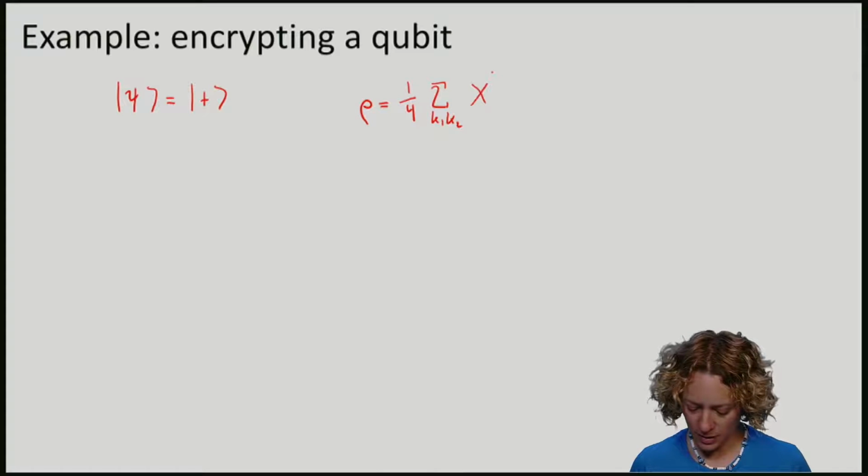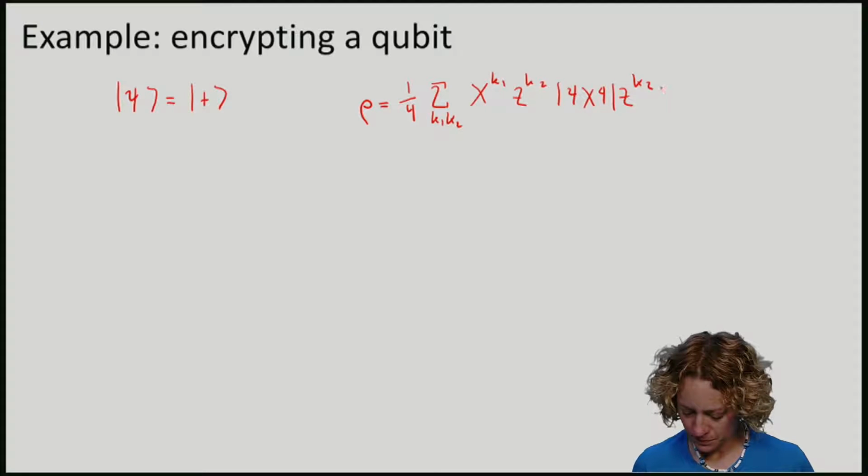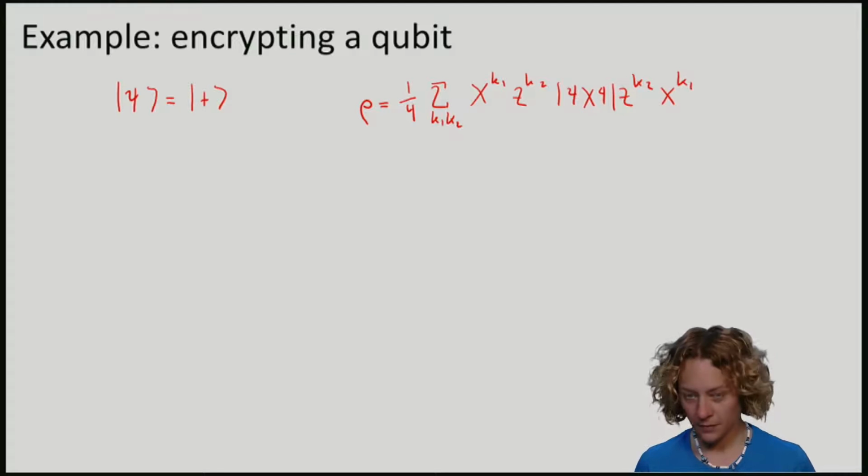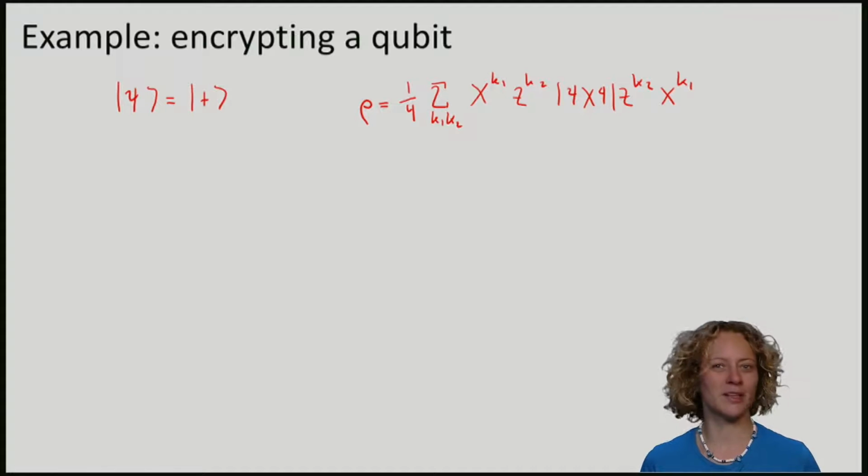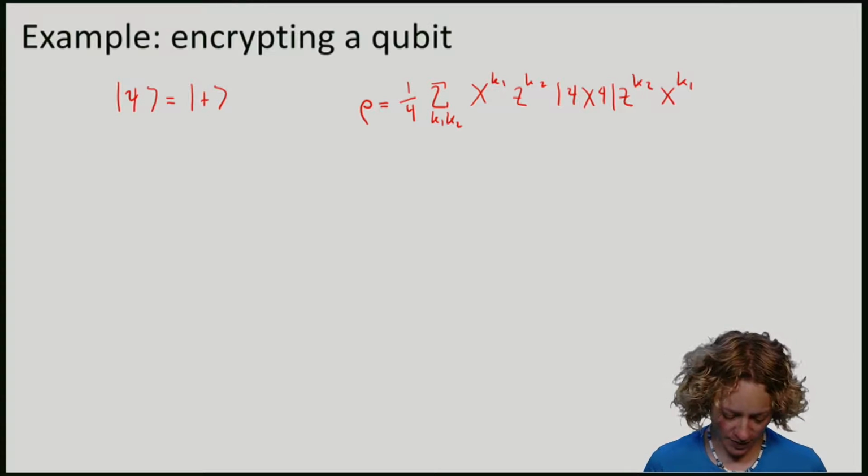And depending on the key, the state is as follows. So let me now compute these 4 cases separately.